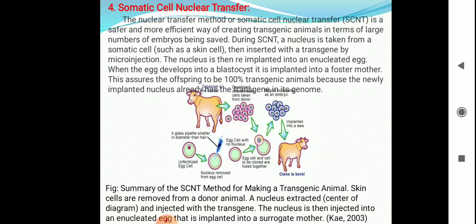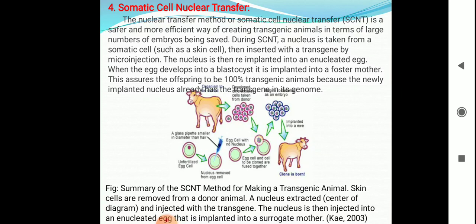Then it is implanted inside a mother. As a result, it gives rise to a new clone, a new animal, which is popularly known as a transgenic animal. This is also popularly known as cloning, or nuclear transfer cloning.